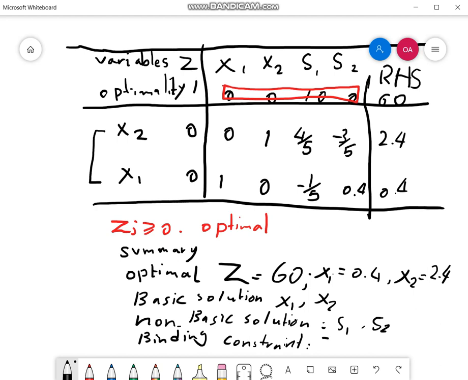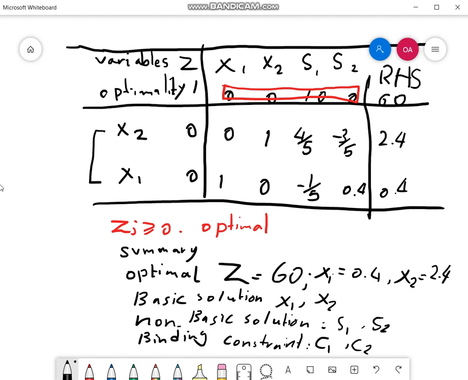Basically they are C1 and C2, since any constraint attached with slack values equal to 0 is binding. So what is the non-binding constraint? In this case, the non-binding constraints are my x1 axis and x2 axis. So basically, I don't have any non-binding constraint, there's only the x and y axis.